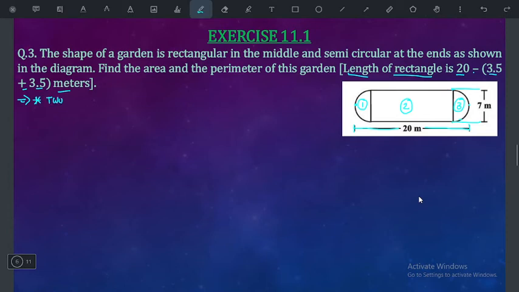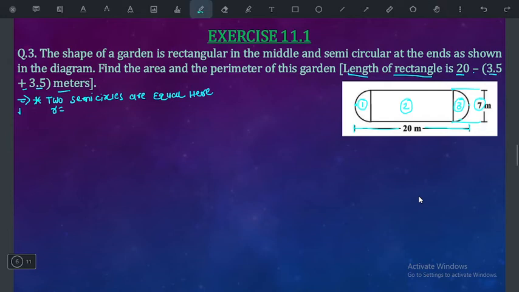Two semicircles are equal here. Okay, so for the radius of the semicircles, we have only the diameter.